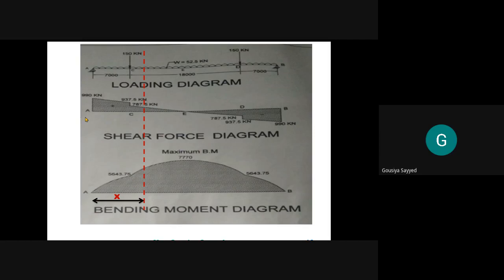So reaction RA into X is clockwise, plus the UDL into X by 2, and this 150 kilonewton is at X minus 7. In this manner you have to calculate the bending moment about this point, or about the distance X.